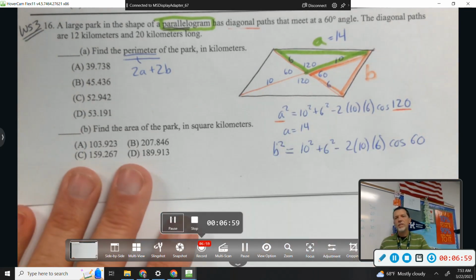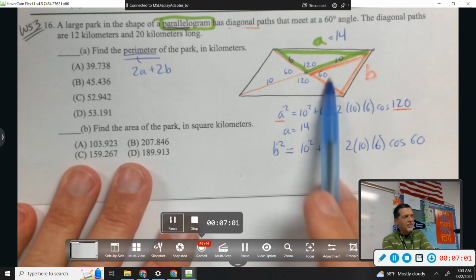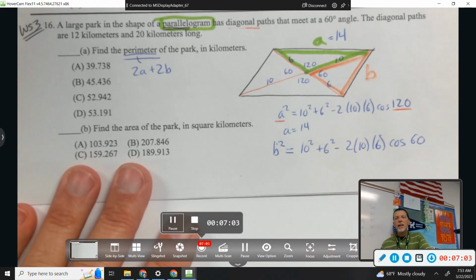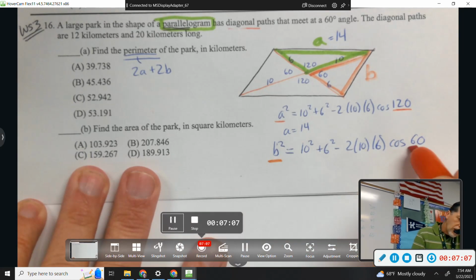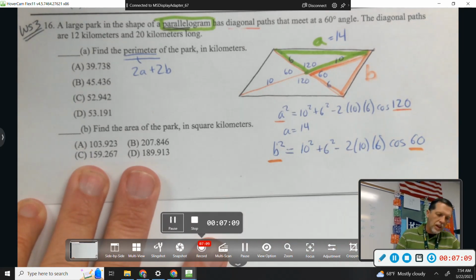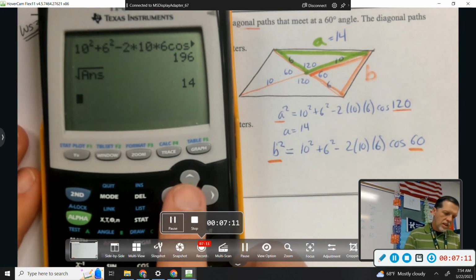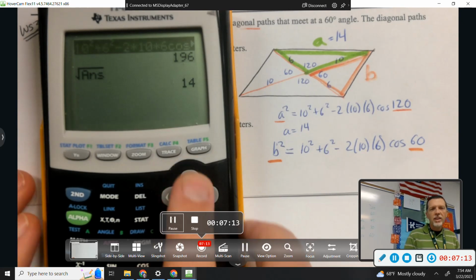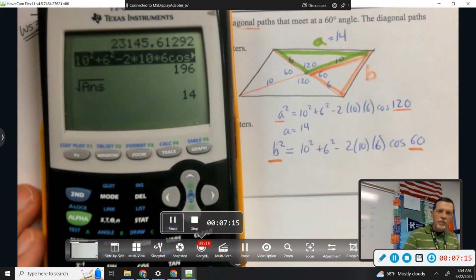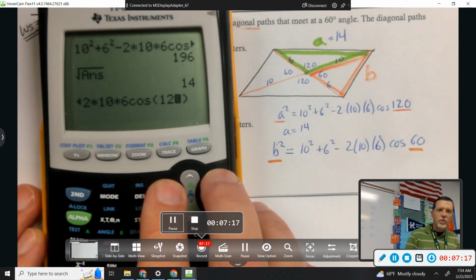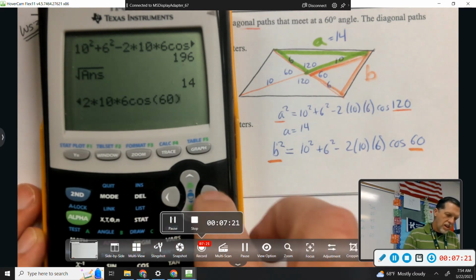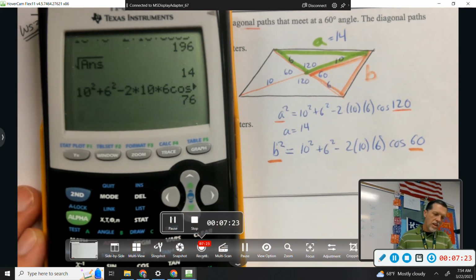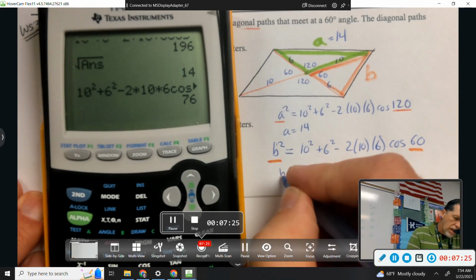So it's really similar, but that makes sense because lots of the stuff is the same. That angle is different, so make sure we use 60 across from the B. And I guess if I was really smart, I could go get that entry in my calculator and just change the 120 to 60. Again, be careful.